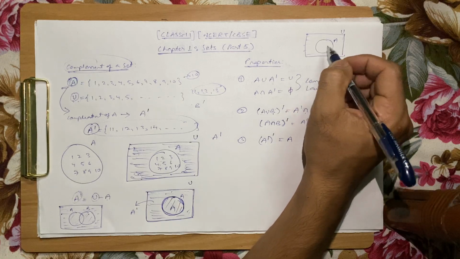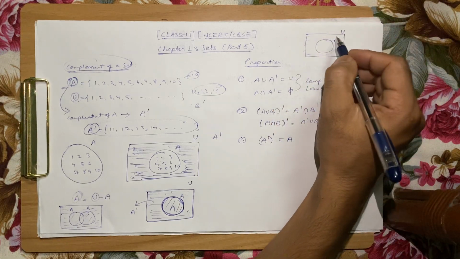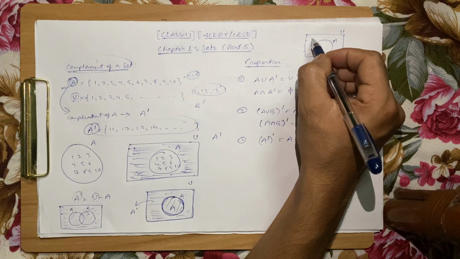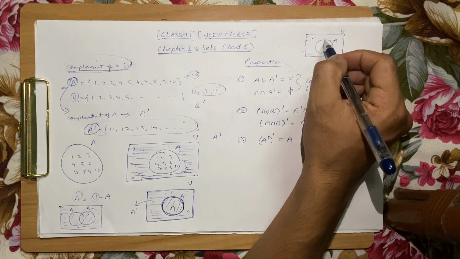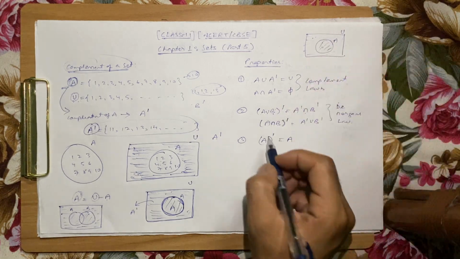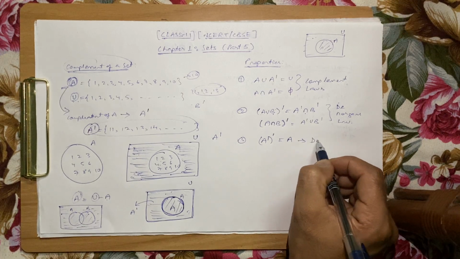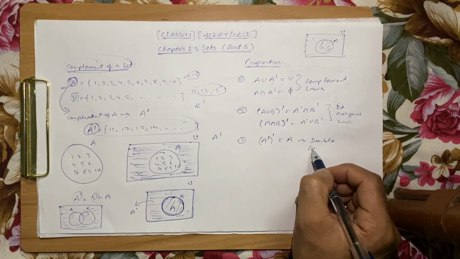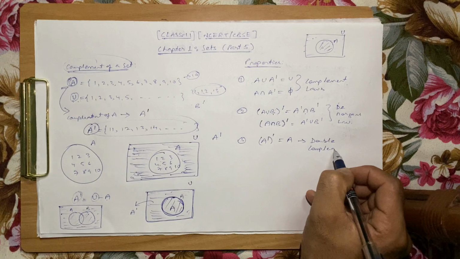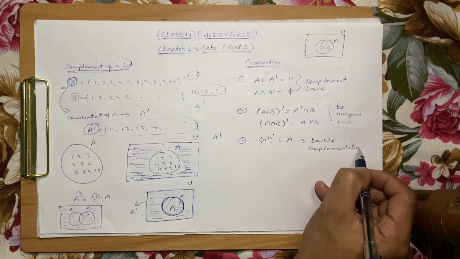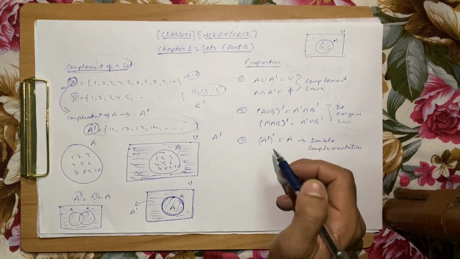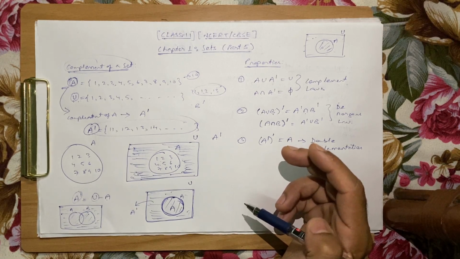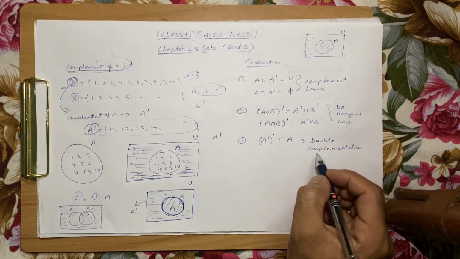Whatever is inside the circle will not be included. When you do the complement once again of the outside part, it will be just the inside part, meaning A. So this is the double complementation law. You don't need to remember the name of this. It is logically right: you do the complement twice, you get the same set back once again.